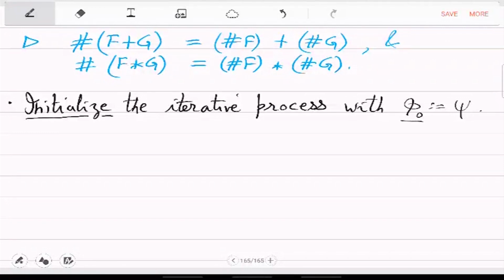Okay, phi 0 is what we were given in the input, that's psi, and now we can define phi 1 using this addition and multiplication, so that phi 1 will have number of satisfying assignments -1 respectively 0 mod 2 squared. Okay, m equal to 1 case. So this we'll do next time.